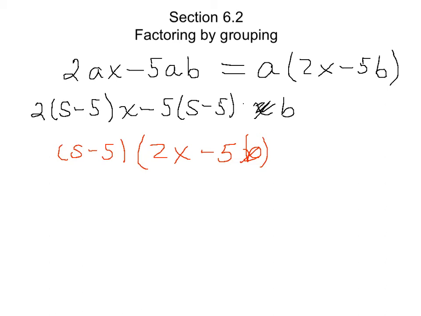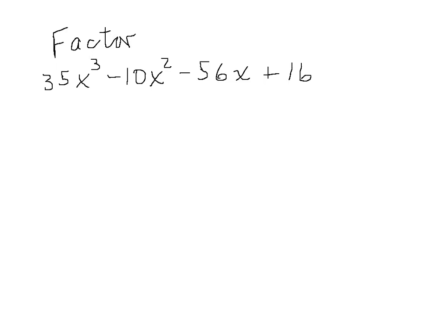So we'll look at a couple of examples that'll show you how grouping can work in a much more complicated setting. Check this out. Looks pretty complicated. Your first instinct should always be to see if there's a common factor, and in this case there isn't. So what do we do?